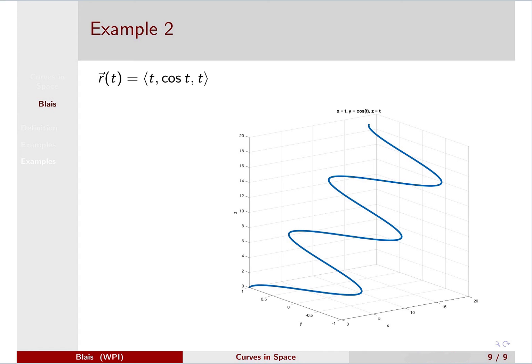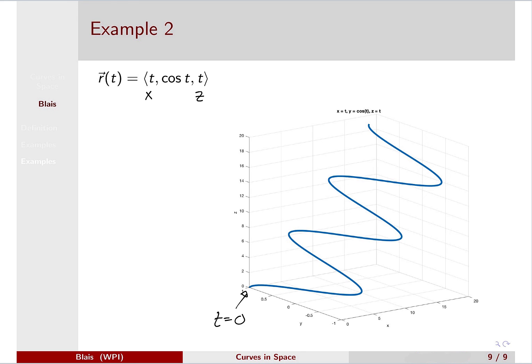Let's consider another example, r of t equals t, cosine of t, t, which we already have graphed here. And this is a slithery path, the kind of path that the American sidewinder rattlesnake would make in the sand. And we can understand how this is working. Think about these x and z coordinates. So as time increases, we start here at time 0.